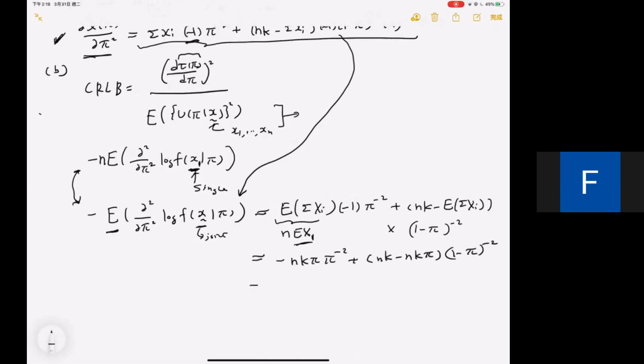Okay, so pardon me, I'm double checking everything because that's easier for us to move on. So minus 2 nk pi, so this can be minus nk pi inverse, right? Then plus, I do have nk taking out, I do have 1 minus pi here, and become 1 pi inverse.